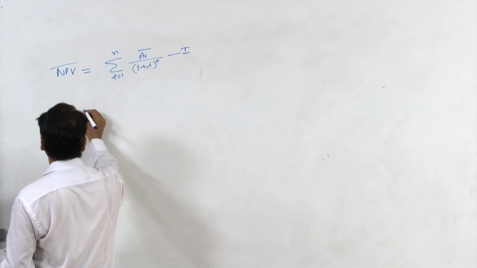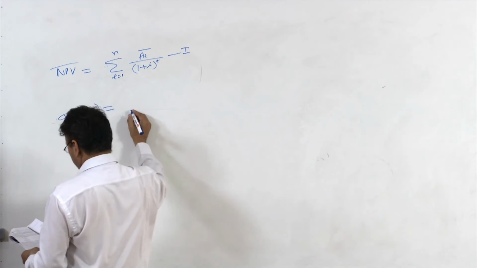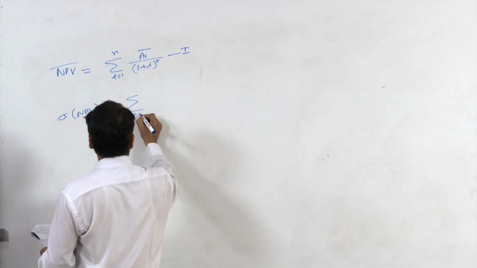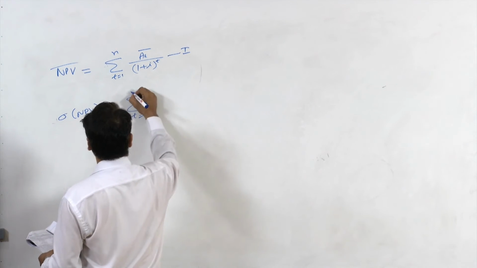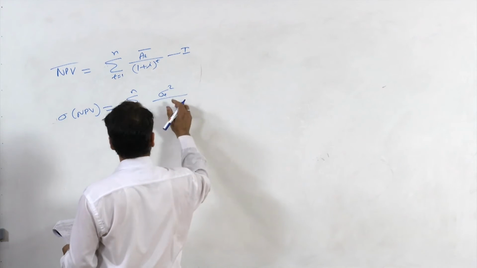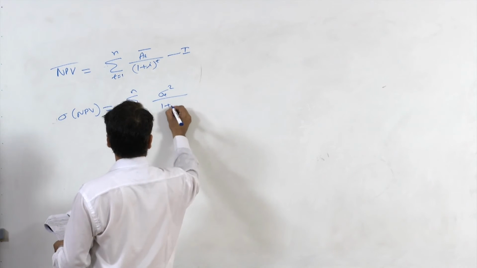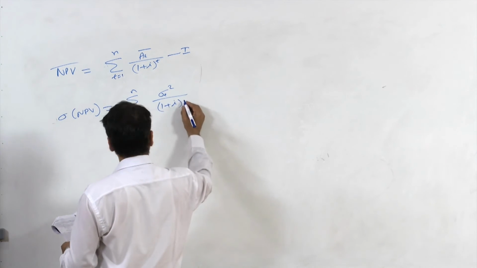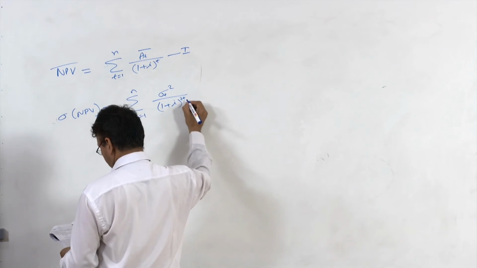And standard deviation of NPV is summation of t ranging from 1 to n, over one plus I to the power 2t, right.